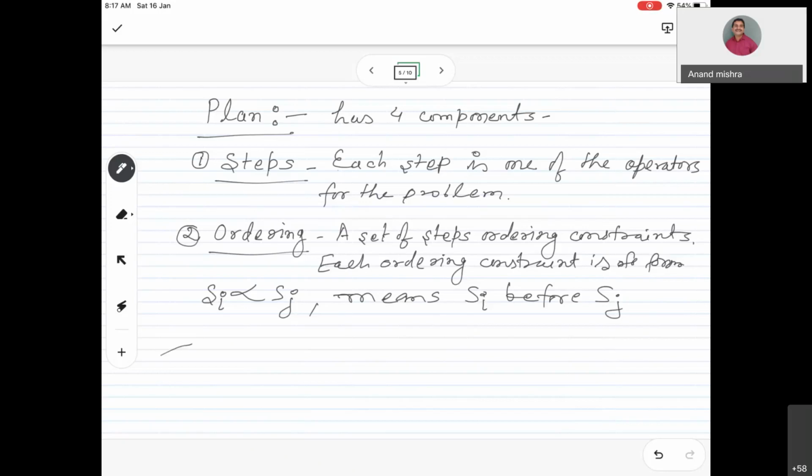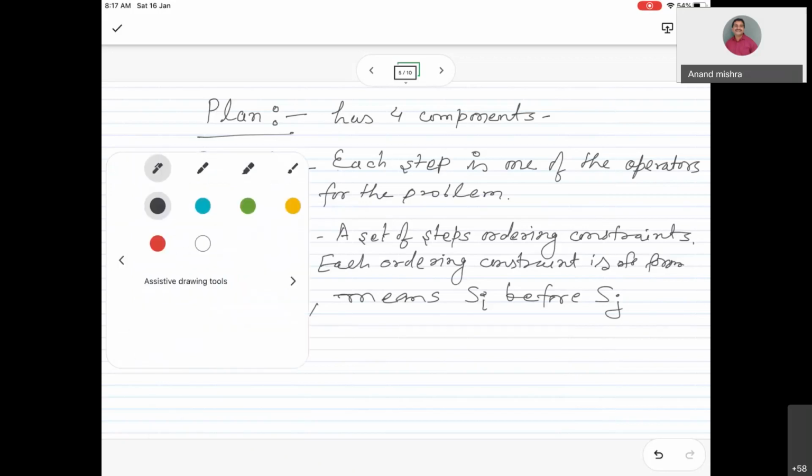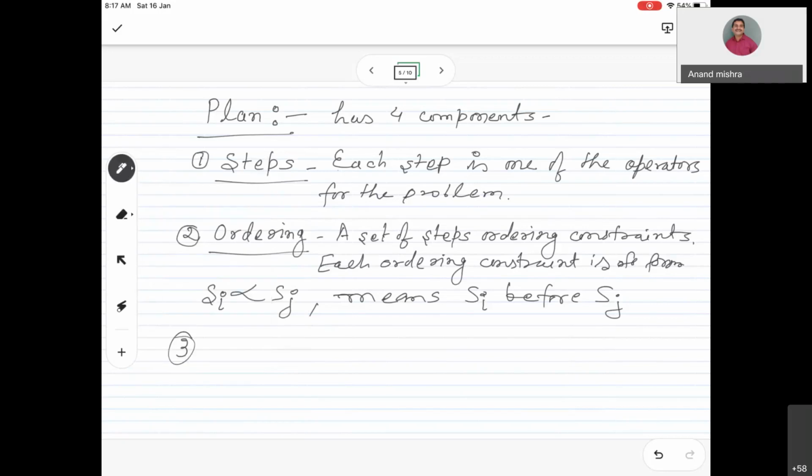The third thing is a set of variable bindings. This is called binding.